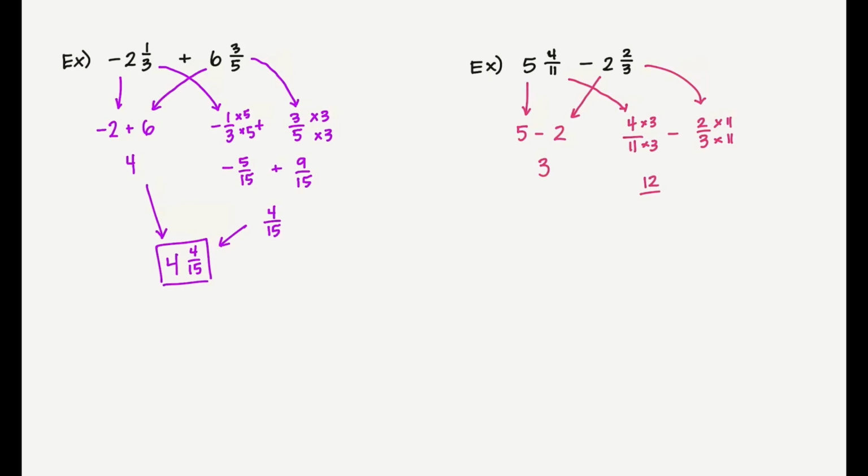So I have 12 over 33 minus 22 over 33. Combined, that is negative 10 over 33. So really, I have a complete 3 taking away 10 over 33. So my final answer is 2 and 23 over 33. There we go.